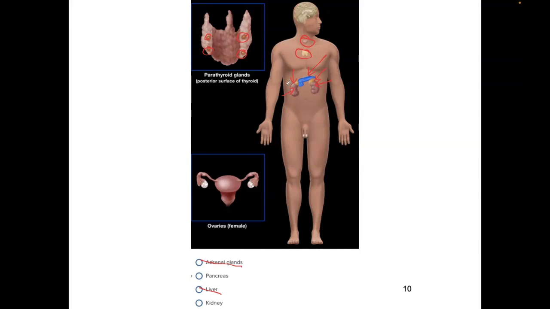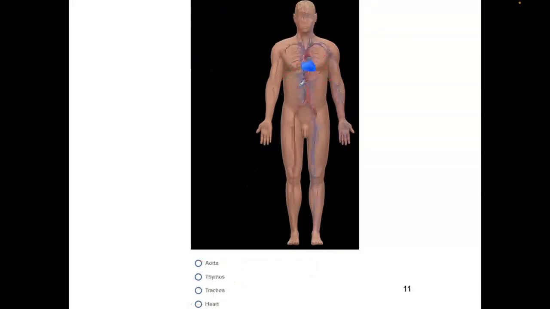It's not the liver. The liver would be here. It's not in the picture, but the liver would be over here. And it's not the kidneys. Kidneys are here and here. So the blue is going to be the pancreas. The pancreas makes insulin, and it makes a lot of digestive enzymes to break down proteins, carbs, and fats.